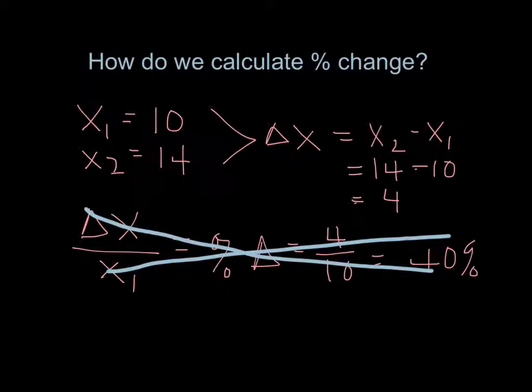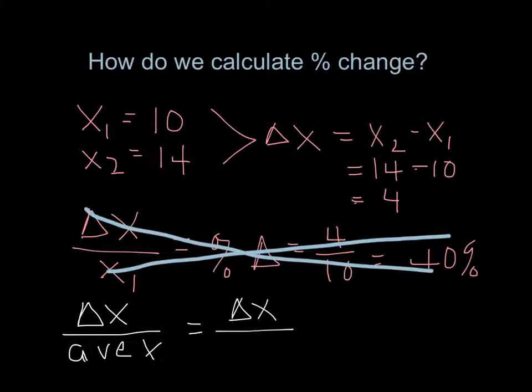We are going to use what's known as the ARC method, and we're going to take that delta x and divide it not by x1 but by the average x. So that's going to be delta x over (x1 plus x2) divided by 2.